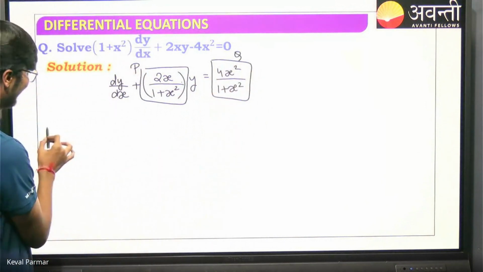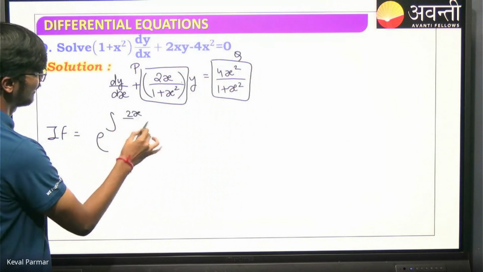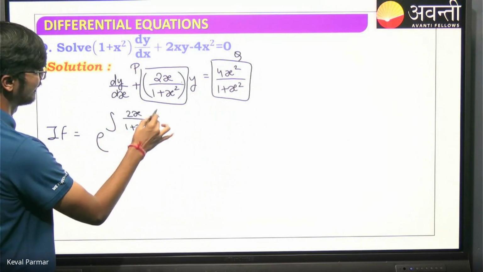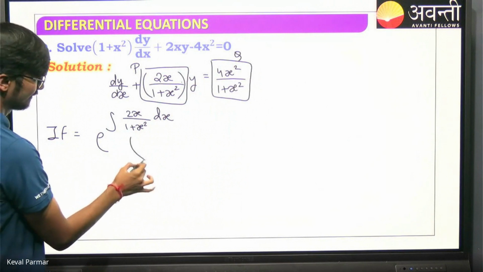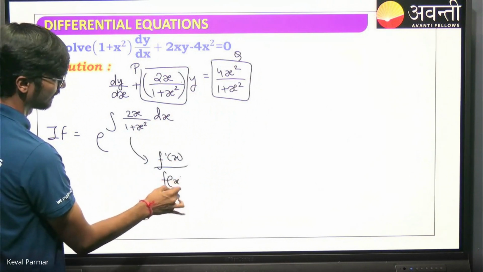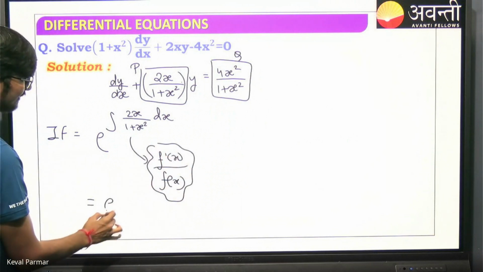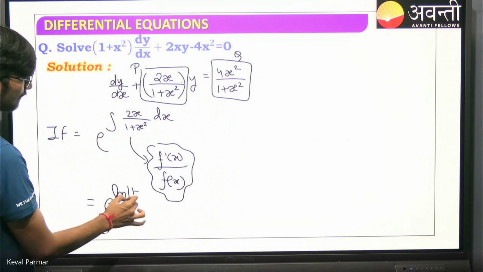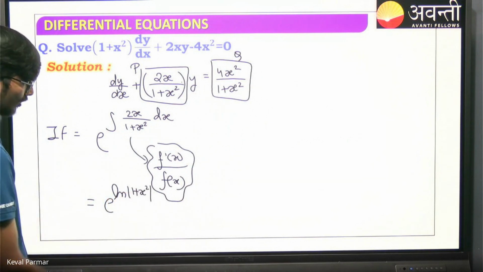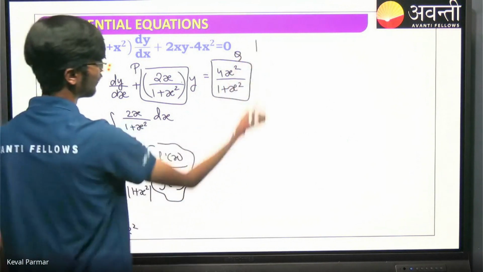So what is the integrating factor? e raised to ∫ 2x/(1 + x²) dx. This is the format of f'(x)/f(x). In such cases, the answer is e raised to ln(1 + x²). Now, again by the property of log, my integrating factor will be 1 + x².